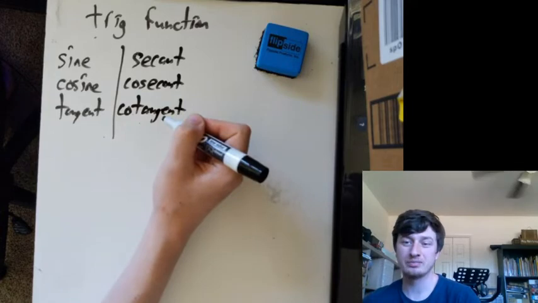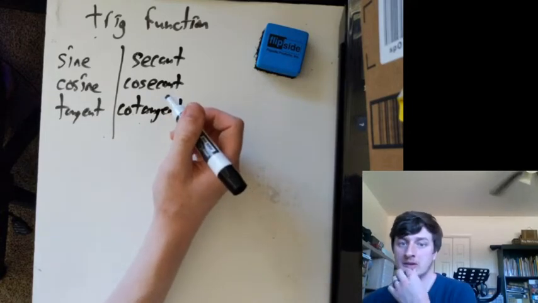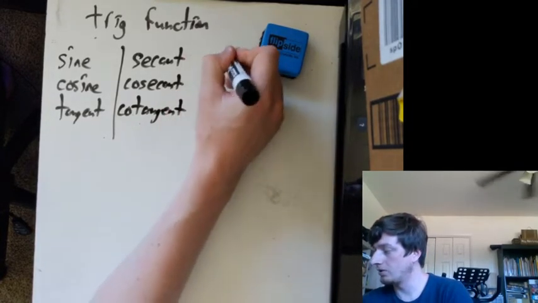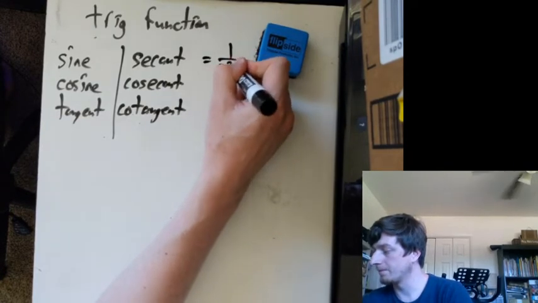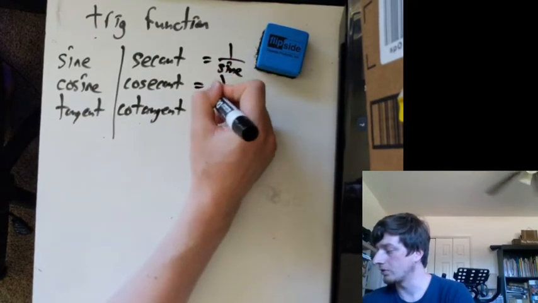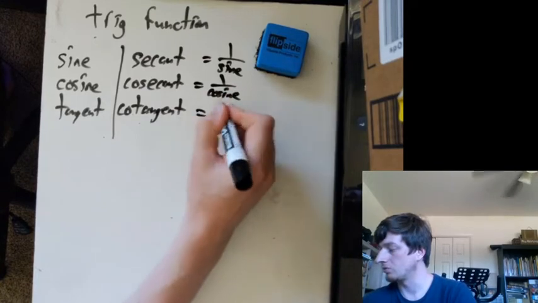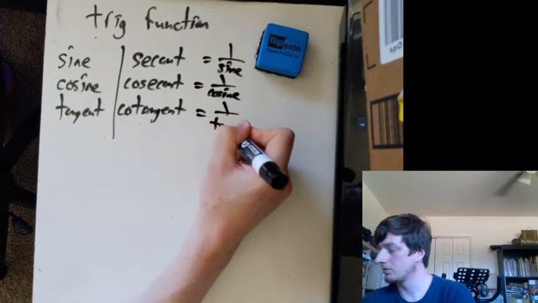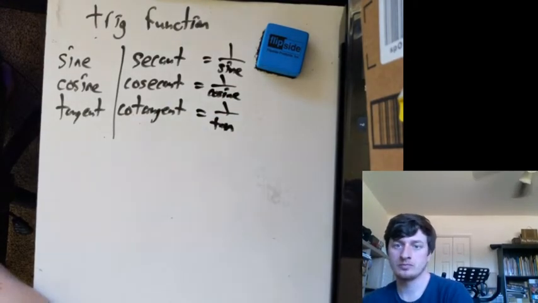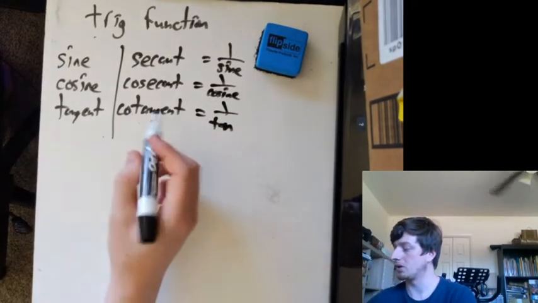Co means with, so it's similar. And these are just 1 over sine, 1 over cosine, and 1 over tangent.